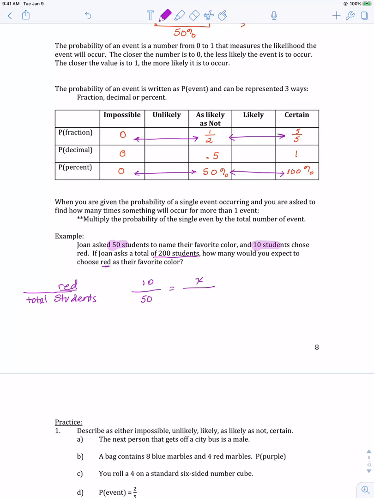So if what I want for red is x, then I'll put the 200 down here. Then I could cross multiply and solve, and this gives us a prediction. You're going to see probability isn't always exact, but it gives us a prediction. Of 40.